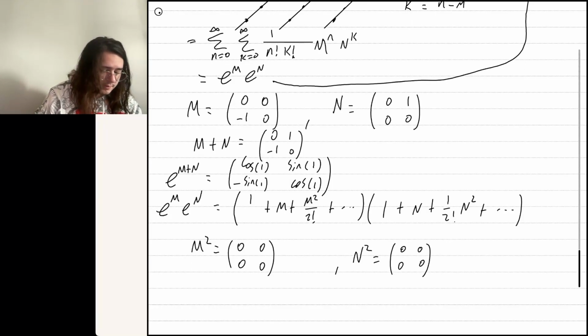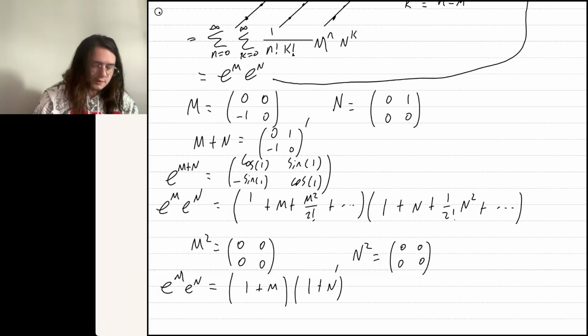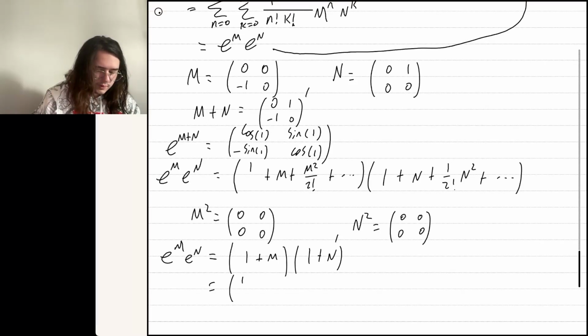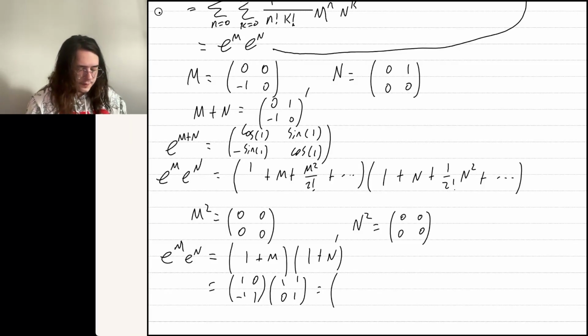So e to the m times e to the n is equal to 1 plus m times 1 plus n, and it doesn't go to higher orders. So it's actually just [1, -1; 0, 1] times [1, 0; 1, 1]. Multiply those together. You get 1 on the diagonal.